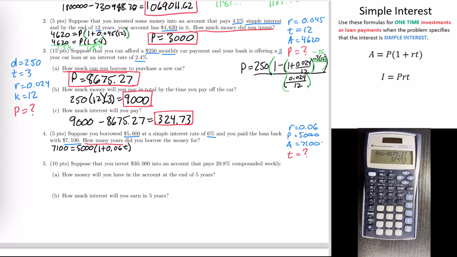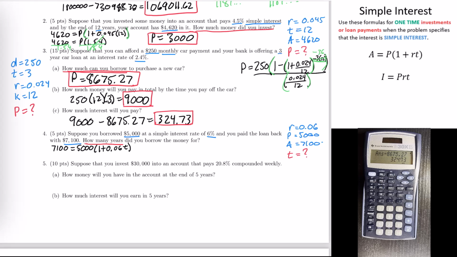And inside of parentheses, I have multiplication, but I don't know what t is, so I can't actually simplify at all. Because I don't know what t is, so I can't multiply by 0.06, which then means I can't add that to 1, and then I can't multiply it by 5,000.